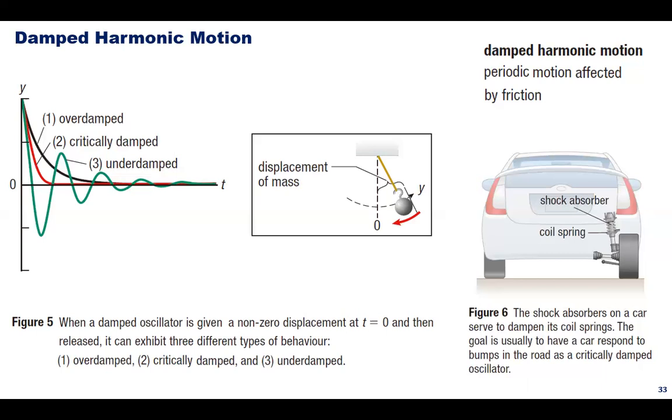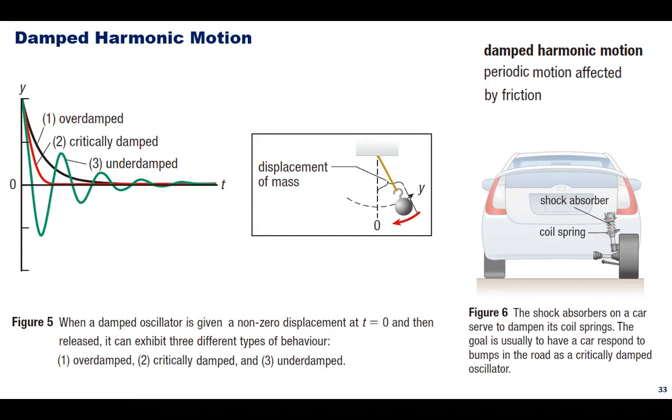So consider a pendulum. Curve 3 here in this figure shows how the displacement varies with time when the damping is weak. That means when there is only a small amount of friction. This curve applies to any weakly damped harmonic oscillator. It describes a back and forth swing of a pendulum or the motion of a mass attached to a spring on a horizontal surface when the surface is quite slippery.